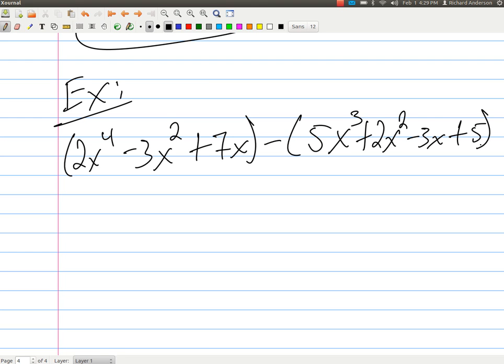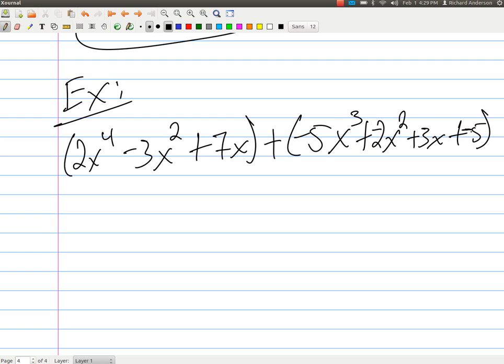Alright, and I'm going to use the exact same trick that I used in the last problem. I'm going to change this minus sign to a plus, and then after I do that, I need to be sure to change the sign on every term here inside my parentheses. So the positives become negatives, and the negatives become positives, like so.